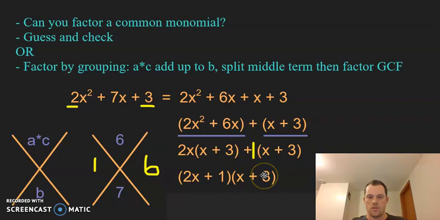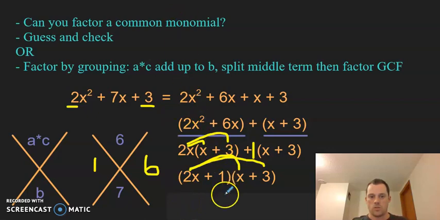Okay, and just to kind of make sense of why we can write it like that, and this x plus 3 doesn't have a squared or anything attached to it. Well, if we were to do FOIL, we would do 2x times 3, or excuse me, 2x times x, and 2x times 3. And that's exactly what this is right here, right? 2x times x and 2x times 3.